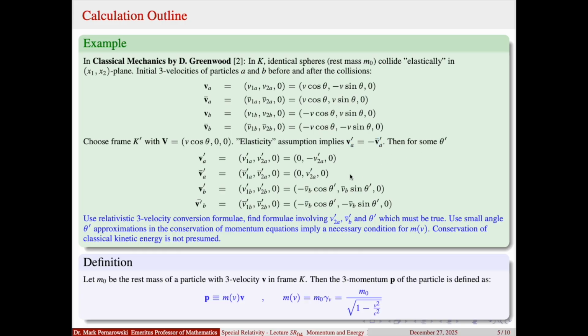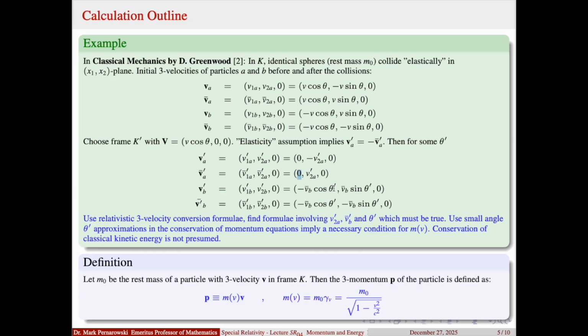And what we know is that VA prime is going to have a zero component in the x direction, and V bar A prime is going to have zero in the x direction. So in the other frame K prime, what they see is just the y components of these velocities, and their opposite signs. So then you can do the same for VB.